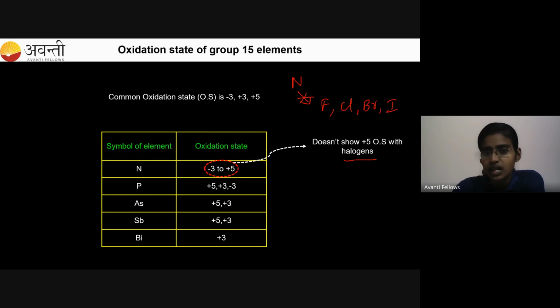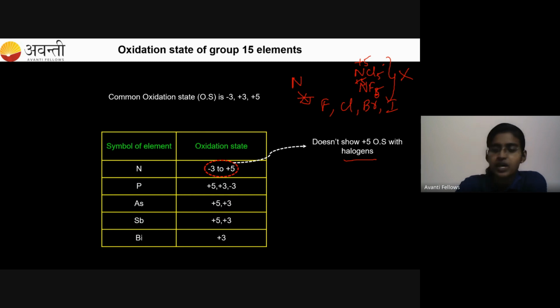Like it will not exist in NCl5, or it will not exist in the form of NF5. Such compounds are not possible, because in all these compounds nitrogen is in the +5 oxidation state. Only NCl3 and NF3 are possible. So nitrogen will exist in +3 oxidation state with halogens, not in +5.